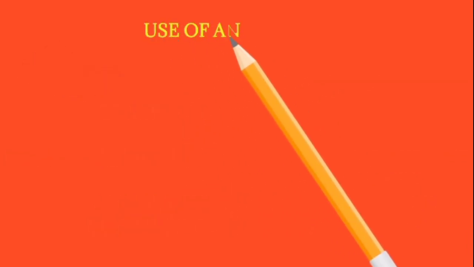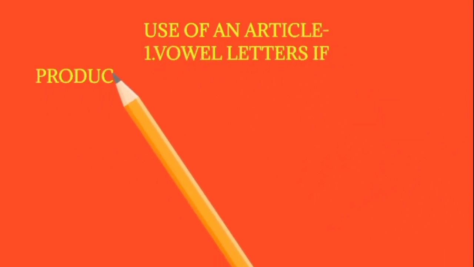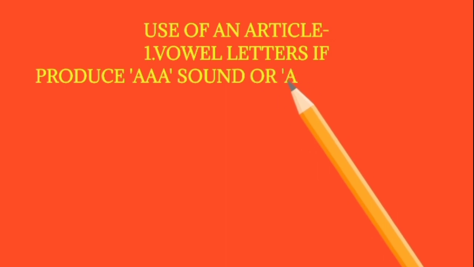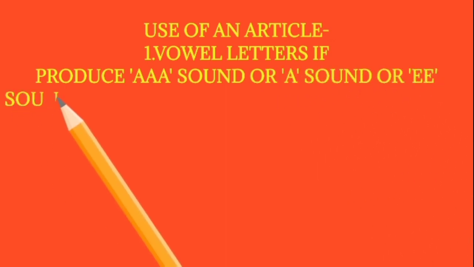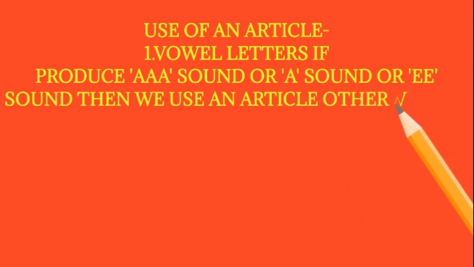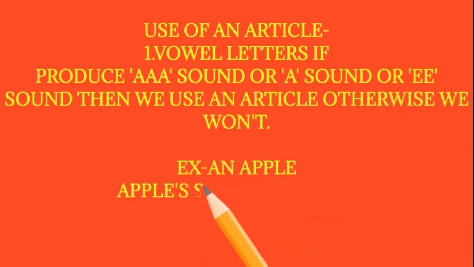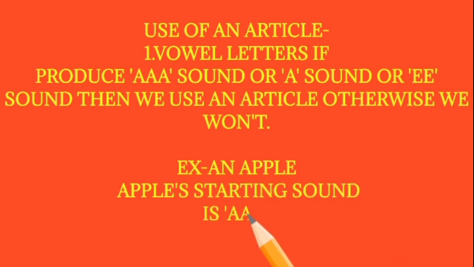My dear students, let us see the use of an. As I mentioned earlier, we have 5 vowel letters: A, E, I, O, U. Along with these, we use an only on one condition. Let me tell you.